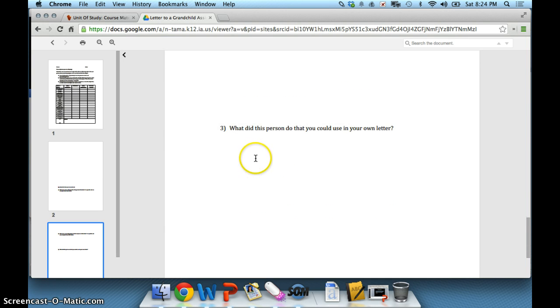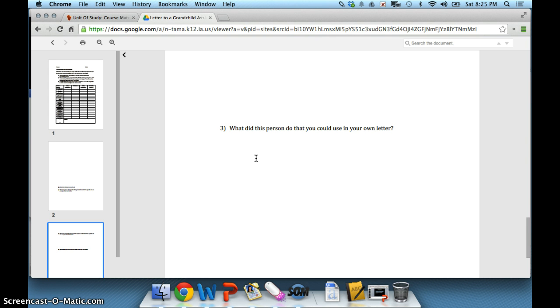And then the last one, what did this person do that you could use in your own letter? A lot of the time I feel that a lot of people don't do the world around them very well, whether it be technology, social, political, or just what does Traer look like, what does Cloutier look like, what does wherever Doug lives now look like?